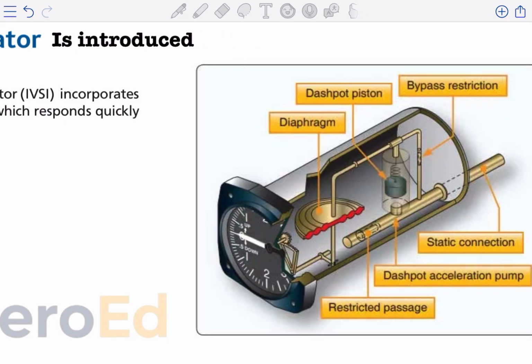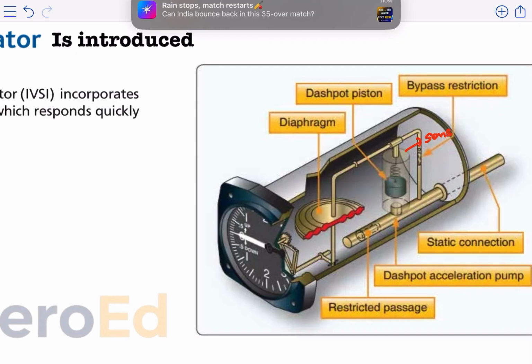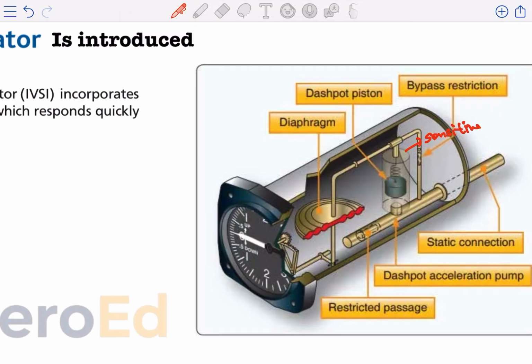Whenever there is an altitude change, this dashpot acceleration pump rises up or descends, and then it causes the capsule to expand and contract, and immediately the needle shows the indication of climb or descent.